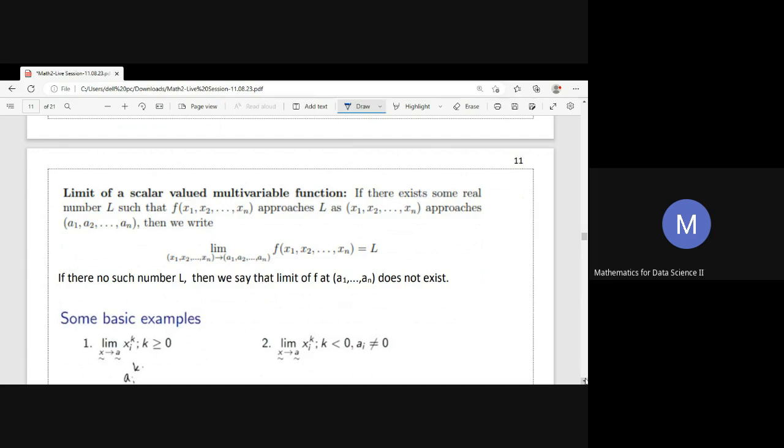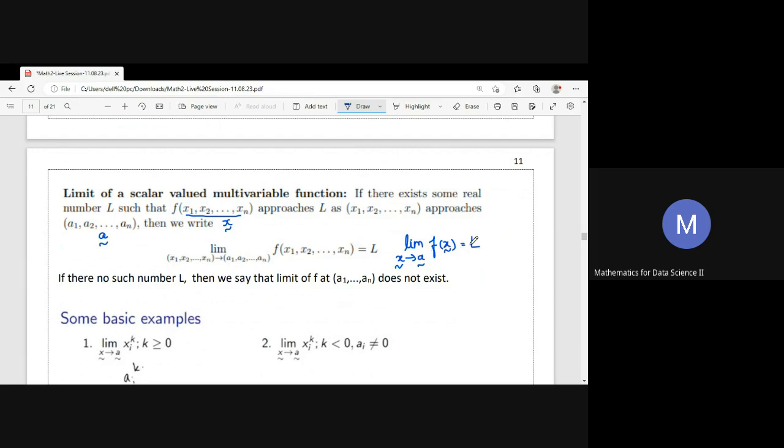If there exists some real number L such that f of x1, x2, up to xn, which we usually denote with x tilde, approaches L as x1, x2, up to xn approaches a1, a2, up to an, which we denote by a tilde, it means limit of x tilde going to a tilde of f of x tilde we call L. So this is the limit of this scalar valued multivariable function.